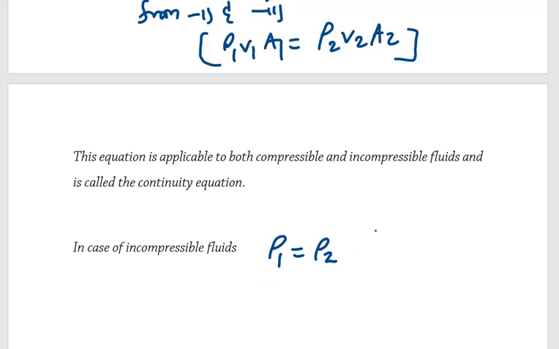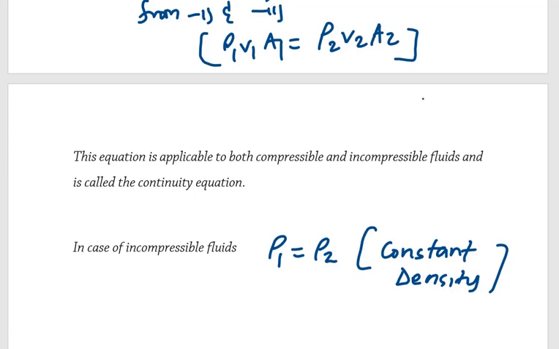In other words, they have a constant density. Any incompressible fluid has a constant density, meaning it is not easy to compress, and so its density is constant throughout. It doesn't change.